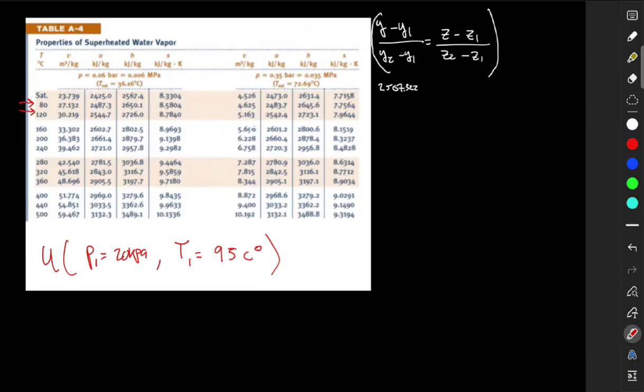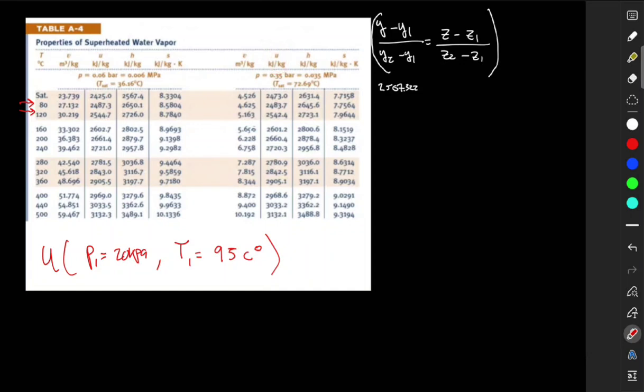We're trying to find a number. In this case, we're trying to find the internal energy in kilojoules per kilogram, which is here.